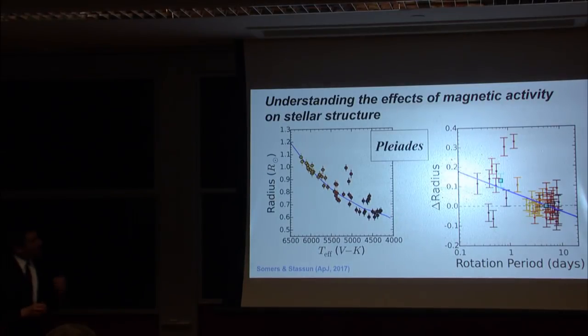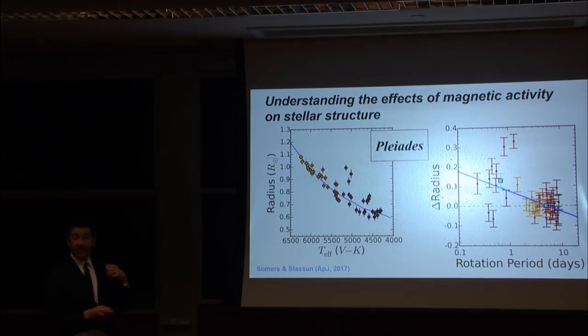So we've started doing this with some specific interesting samples. Remember at the beginning I was telling you a story about the effects of magnetic activity on stellar properties. So my postdoc Garrett Summers and I, when the Gaia data came out, went back and revisited the Pleiades.